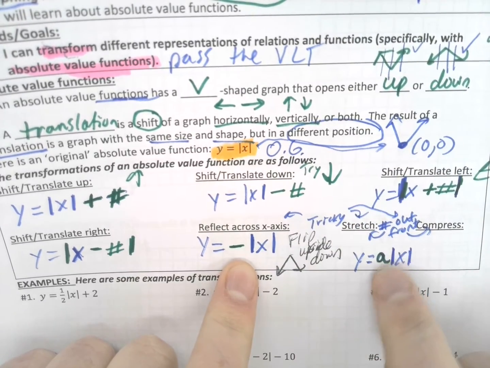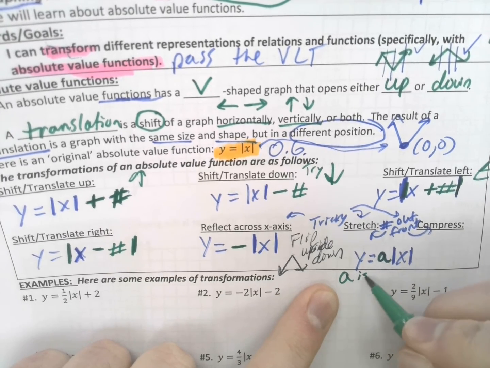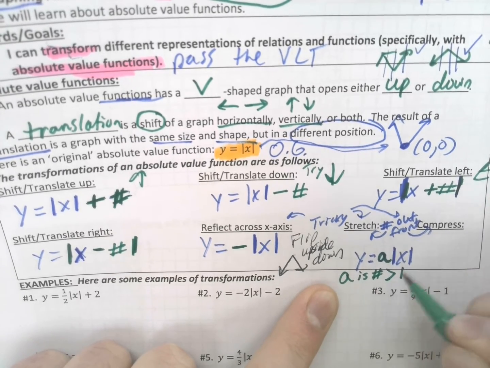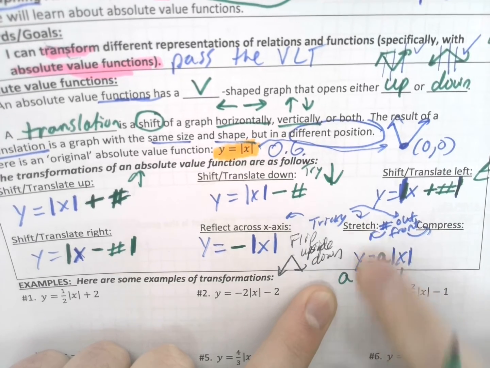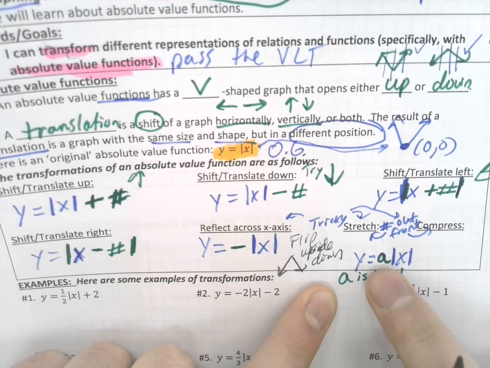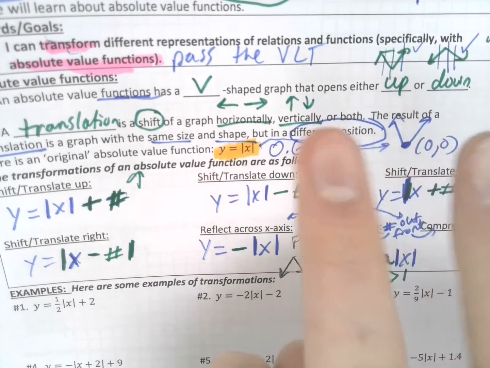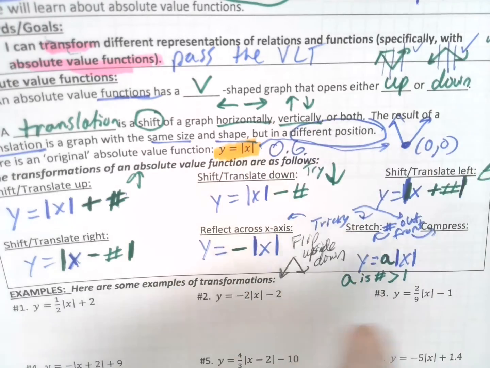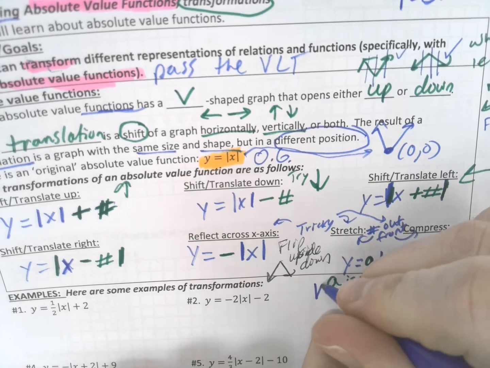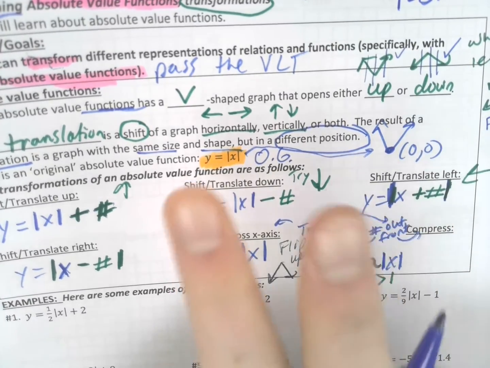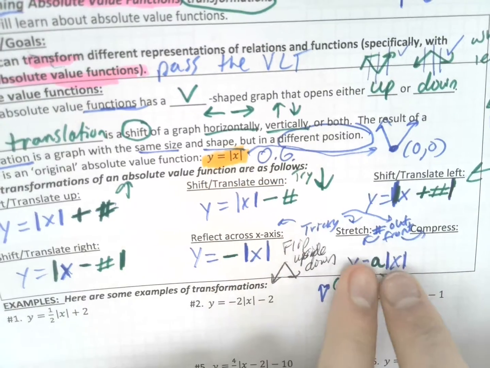Let's call it A, where A is a number bigger than 1. So if you stretch, you've got a number out front that is bigger than 1. What happens is it causes your graph to be pulled from the ends, and it gets stretched. So it might look like that. It gets really skinny because you're pulling it from the top, which narrows it.